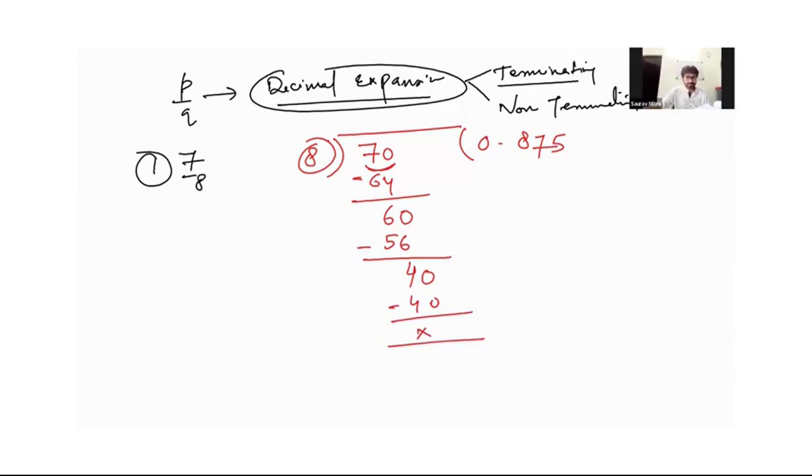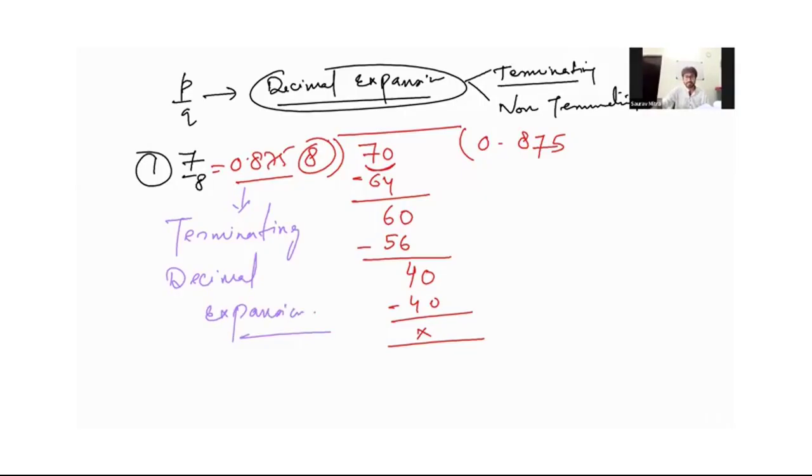So on dividing 7 by 8, we get the decimal expansion 0.875. Further, we categorize it as a terminating decimal expansion. What do we mean by terminating decimal expansion?